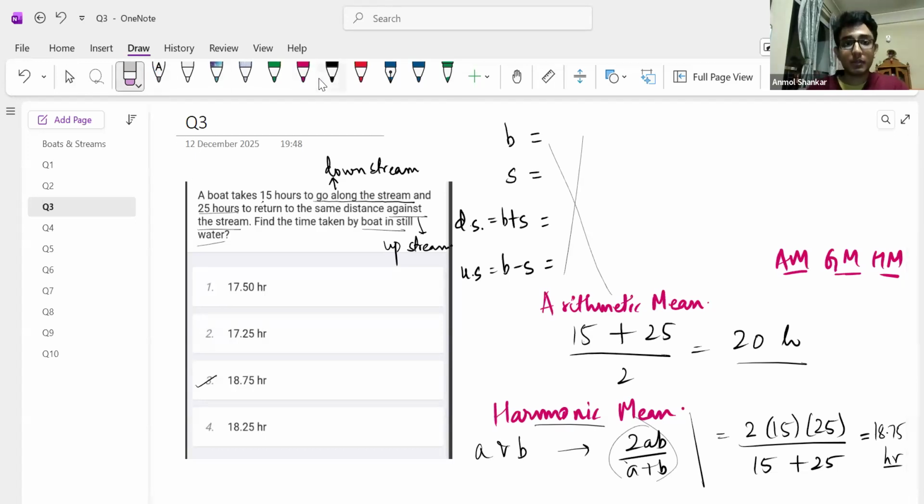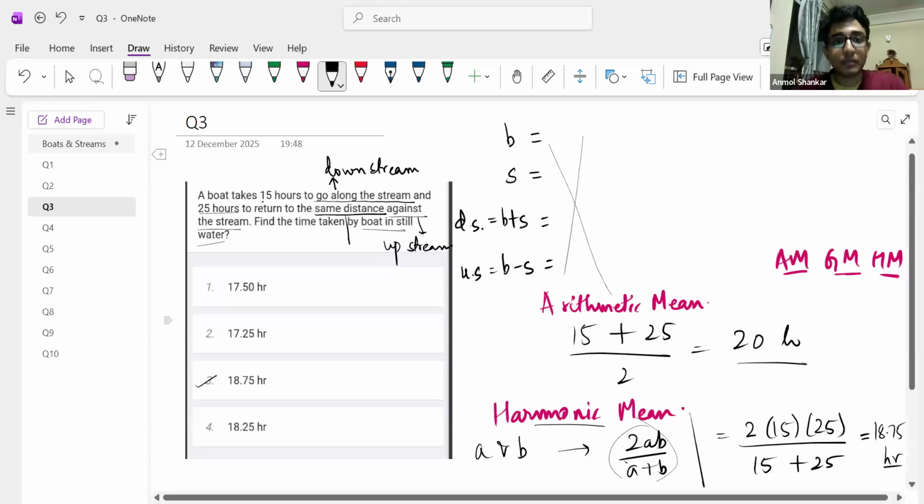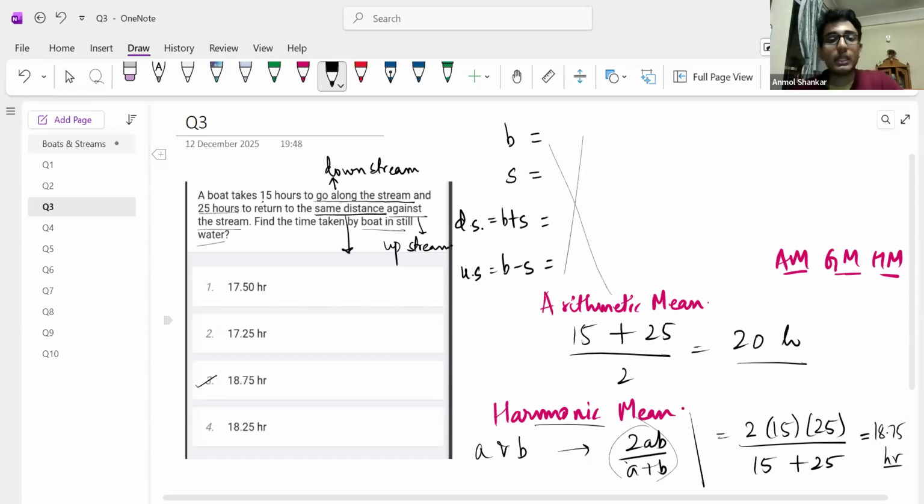Your takeaway from here should be that when you are covering the same distance in two scenarios, one scenario downstream and the other upstream, and the question asks you to find some average, what will be the time in the average situation, then whenever it is the same distance, it is the harmonic mean that you have to use.